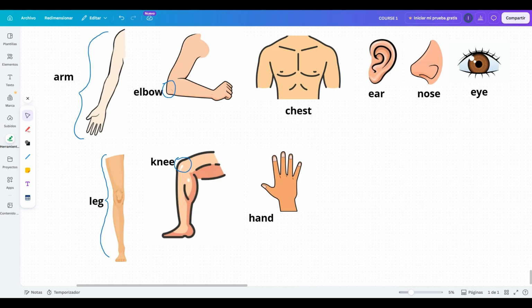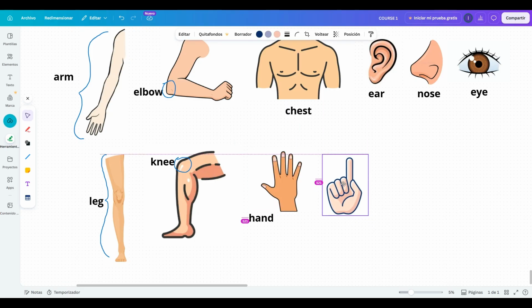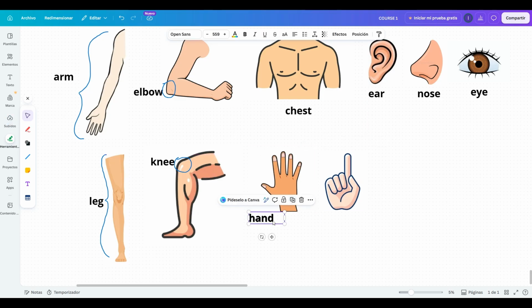Small parts of a hand is a finger. Okay. Just pay attention, please. This small one is a finger. A finger. Palm, hand, finger. We've got 10 fingers, 10 toes, right?